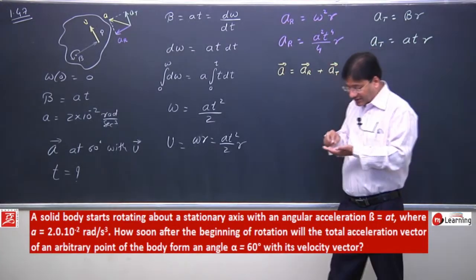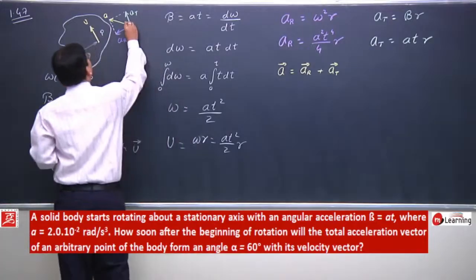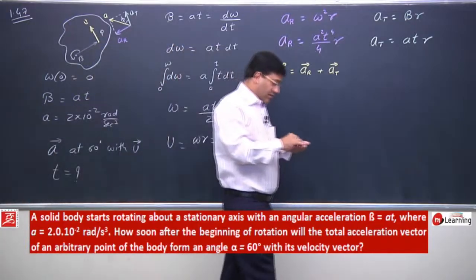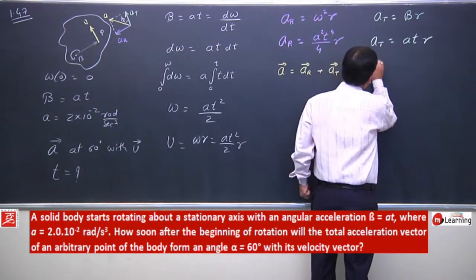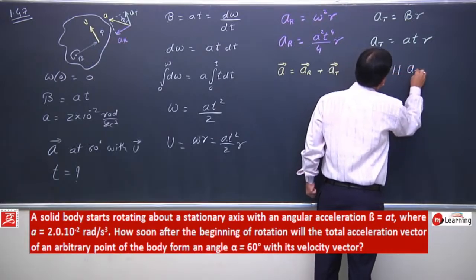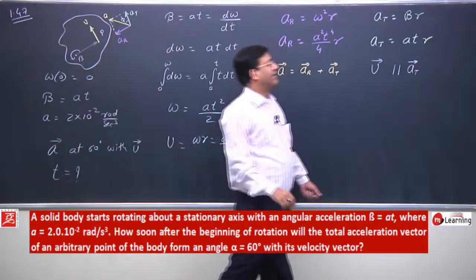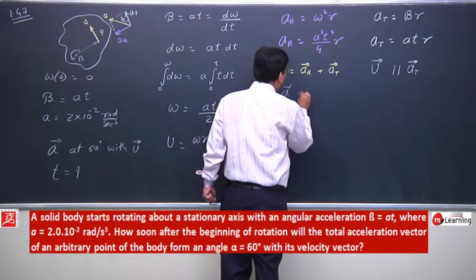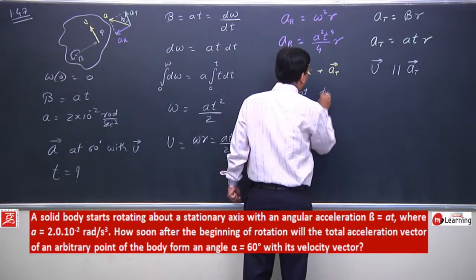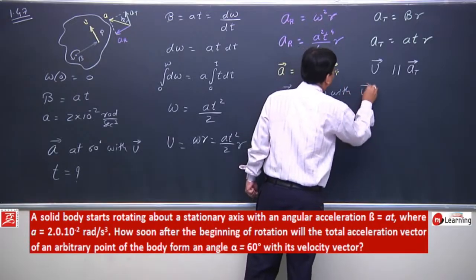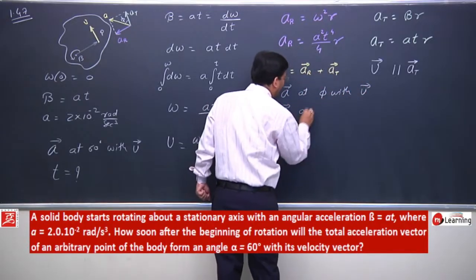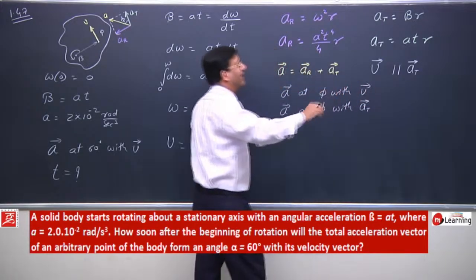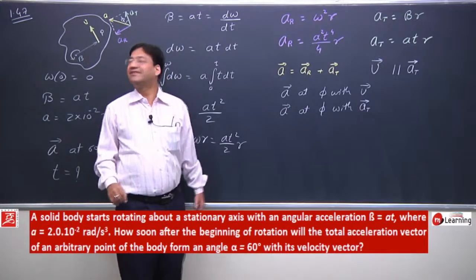And they say that this net acceleration vector is at some angle phi with the velocity vector. To be very clear, the velocity vector is parallel to the tangential acceleration vector. So when the acceleration vector is at angle phi with velocity, you can also say the acceleration vector is at angle phi with the tangential acceleration vector.